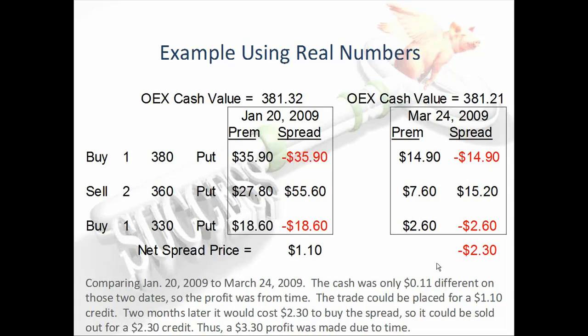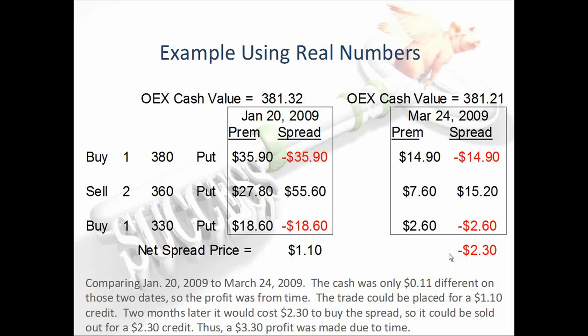Well, what we have to do is back ourselves up a little bit and ask ourselves a simple question. If I didn't own the broken wing butterfly on March 24th and I wanted to buy it, what could I put it on for? Here it would cost me $2.30 to buy it right now. So if I wanted to buy it, I'd have to go out and pay a $2.30 debit.